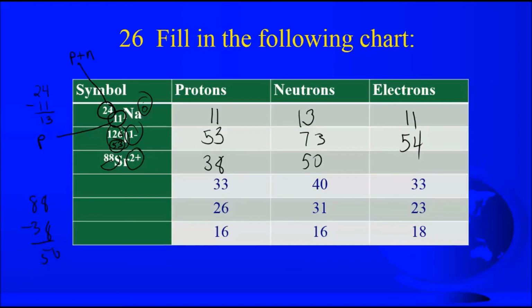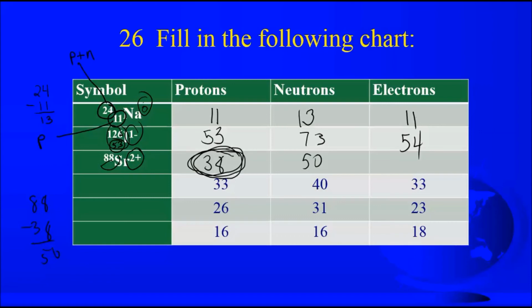Who's winning the battle between the positives and negatives? Positives by how many? So how many positives do you have? That's helium, my friend. How many positives do you have, Randy? 38.